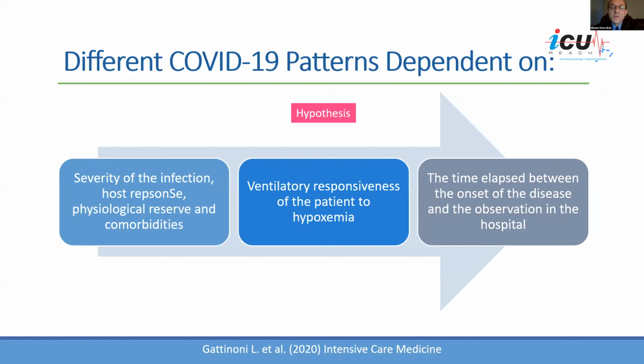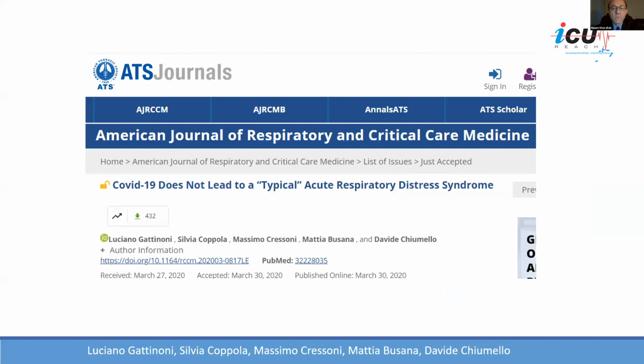The most important thing is the ventilatory responsiveness of the patient to the hypoxemia, and that's what we're going to explain. And then the time elapsed between the onset of the disease and the observation in the hospital. Maybe those patients are presenting late to the hospital after initiation of the disease. It is probably an atypical ARDS.